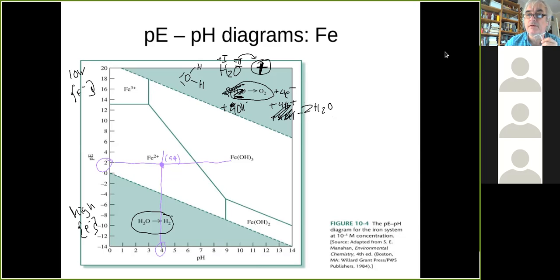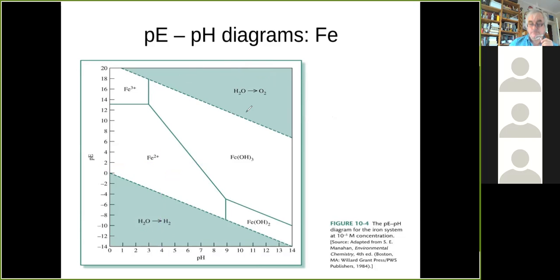It was a bit crowded. And the same applies here. In a very electron-rich environment, or a high electron activity environment, then the H plus and the -2 in oxygen, the electrons may combine together with the hydrogen, so hydrogen gas is evolved.